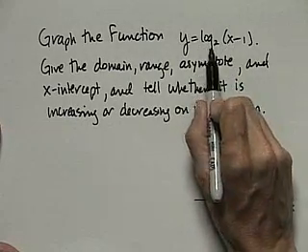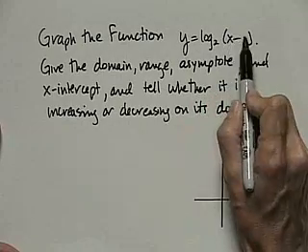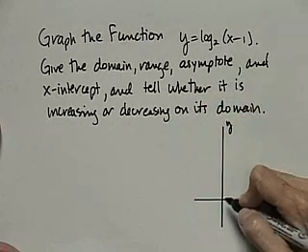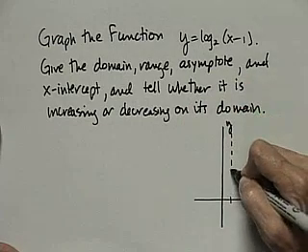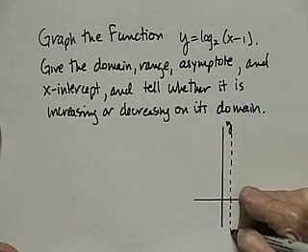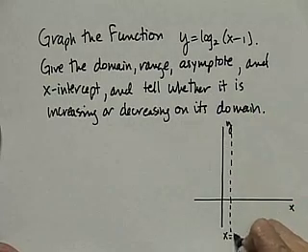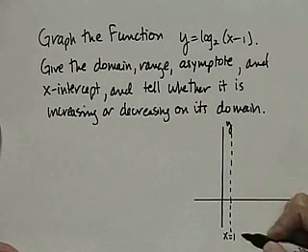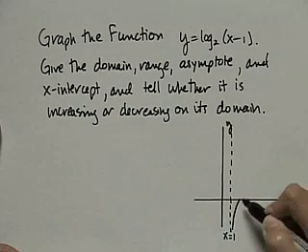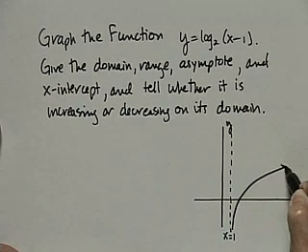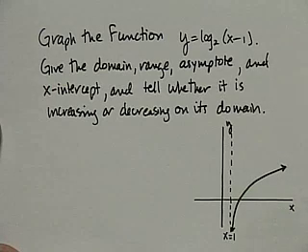This is a shift of log base 2 of x 1 unit to the right. What happens is the vertical asymptote moves from the y-axis to the line x equals 1. But since all that's done is a shift of the graph 1 unit to the right, we know that the graph of the function is going to look roughly like that.